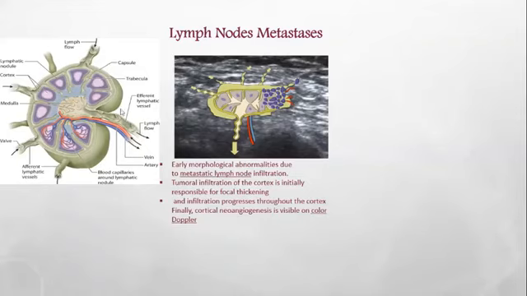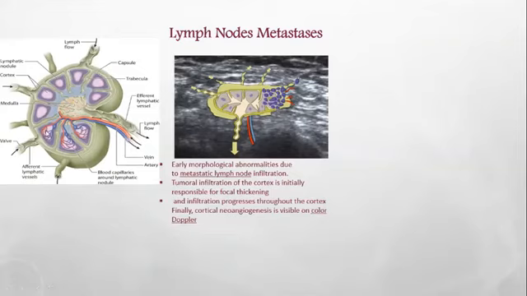The lymph node looks like the kidney. It has the kidney shape, see? It has the hilum through which the vessels get in and the efferent lymphatic vessels get out. However, the afferents are multiple and enter the cortex through the capsule.